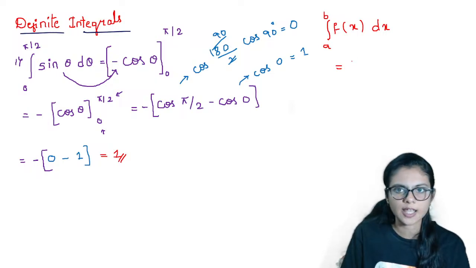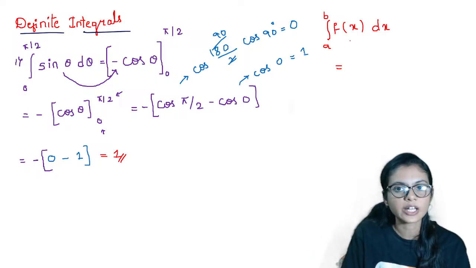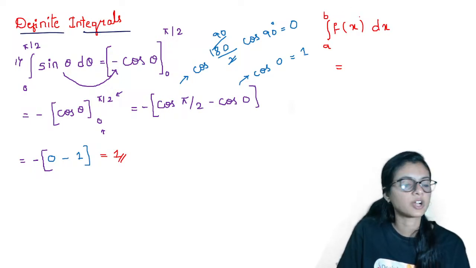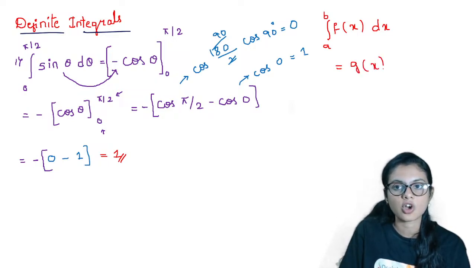Don't confuse it with differentiation; I'm not speaking about differentiation. After integrating the function f of x, let's consider we get g of x. I'm integrating the function first, so the answer I'm getting is g of x.